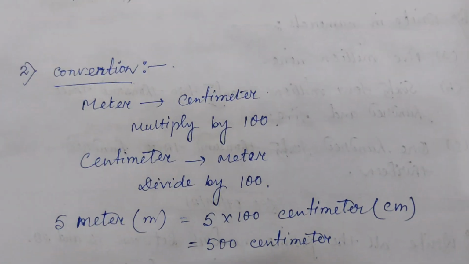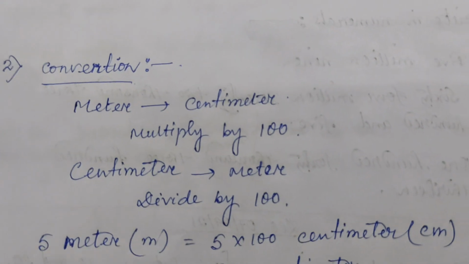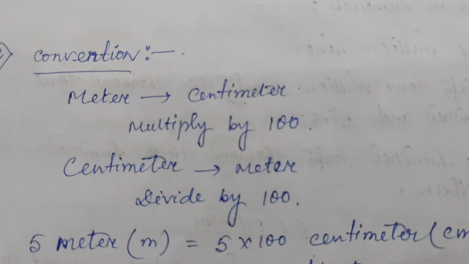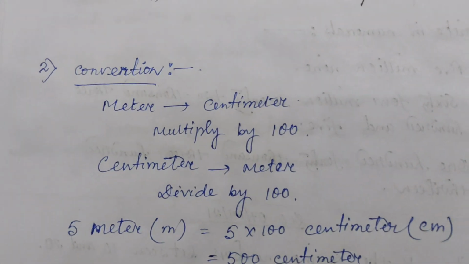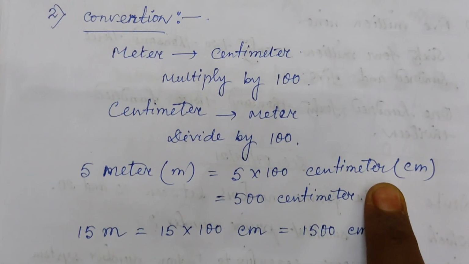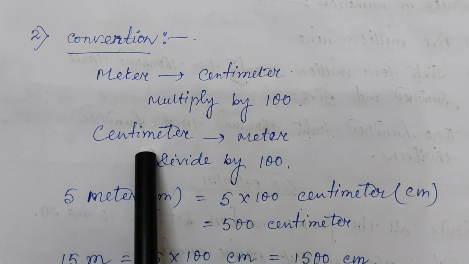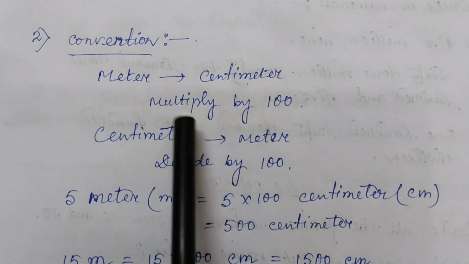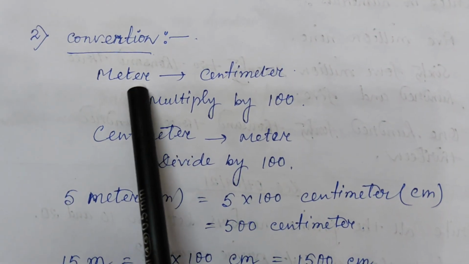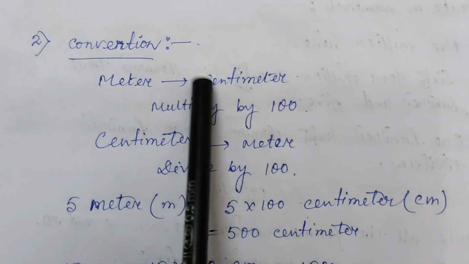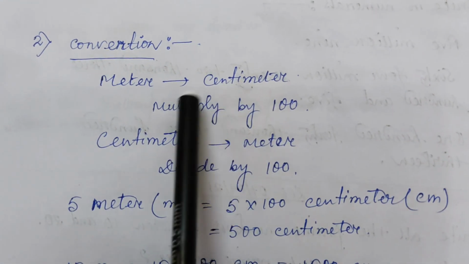Now come to the next part, which is the conversion. Here we will only consider meter to centimeter and centimeter to meter. So from meter to centimeter, what do we have to do?